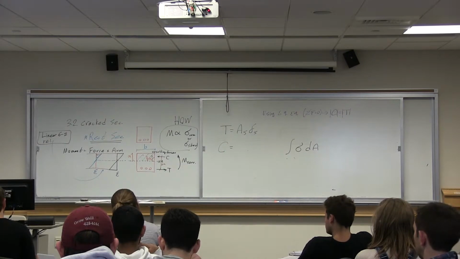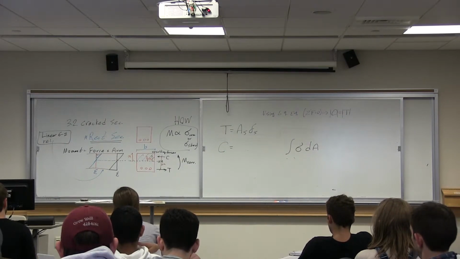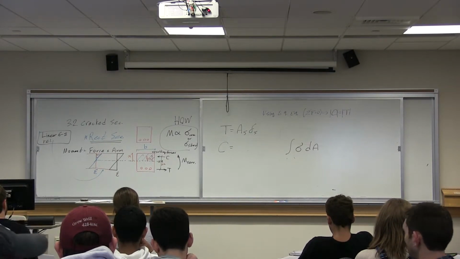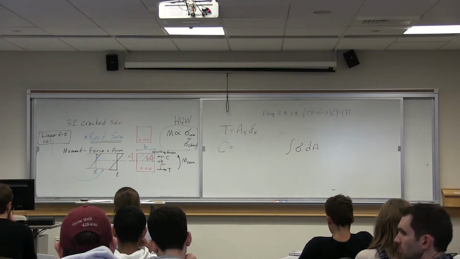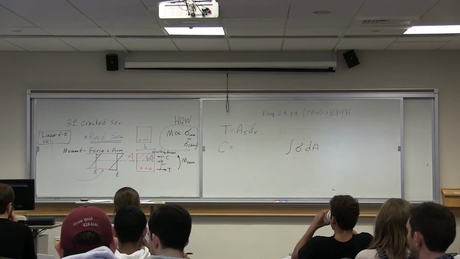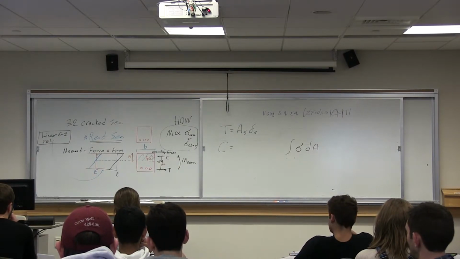B times X is the total area of the compressive zone. How do we change it to force? Applying the equation, stress equals force over area. And the stress is not constant in this case, it is varying linearly.